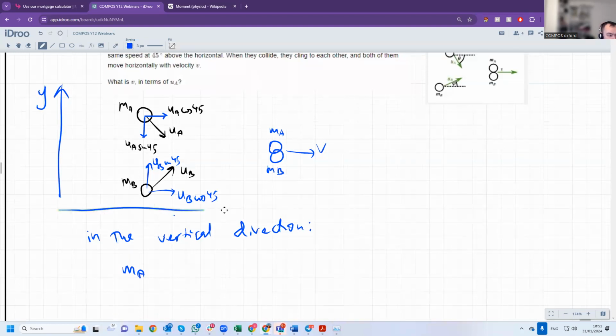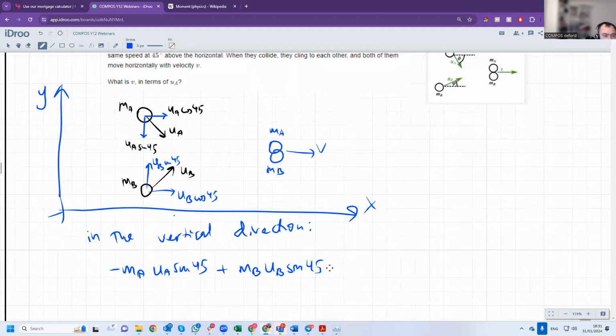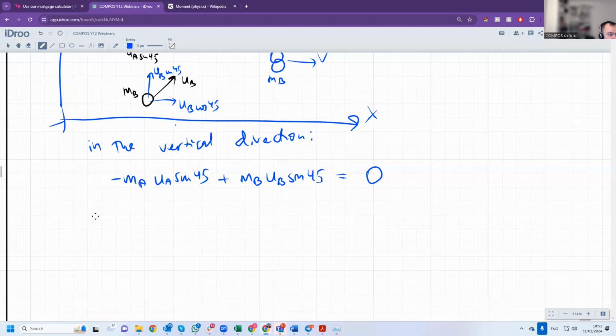MA is moving down, so minus MA UA sine 45, plus MB multiplied by UB sine 45, equals, and now they're not moving vertically anymore after the collision, 0.